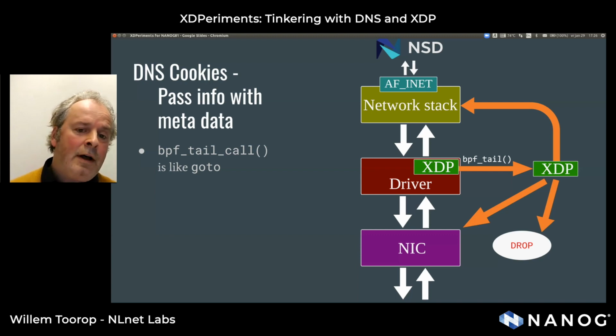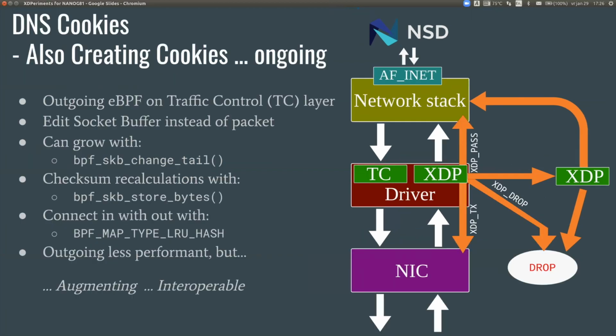Alternatively, we could also do the complete DNS cookie processing with BPF by running two BPF programs. One for incoming packets, verifying the cookies at the XDP layer, and one for outgoing packets coming from the DNS service in userspace, which will be responsible for creating the cookies. BPF programs on the TC layer are very flexible. You work with socket buffers instead of the raw packet, which can be resized with BPF helper functions.